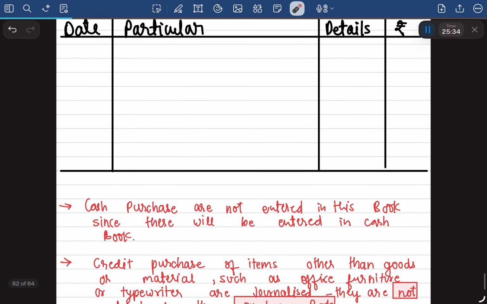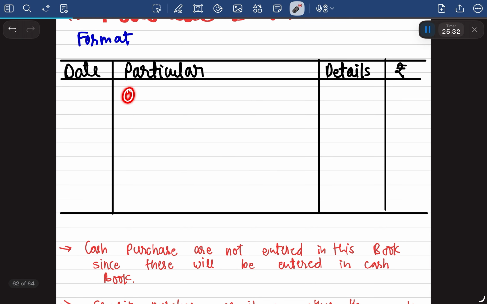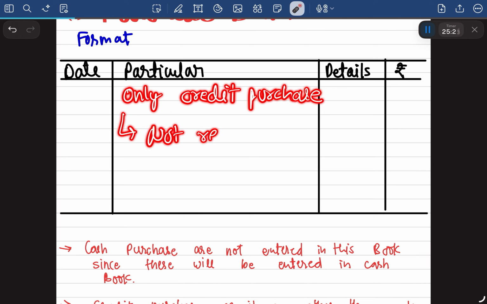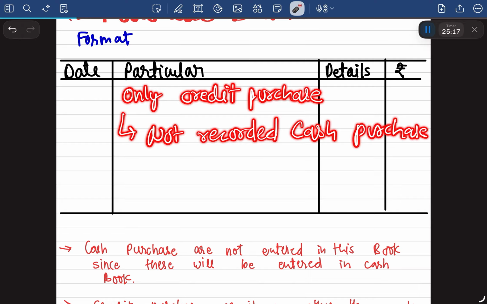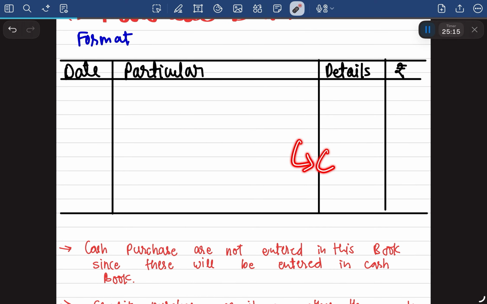In the purchase book we also only record credit transactions, credit purchases. We do not record cash purchases because we will record cash purchases in cash books. Understand?